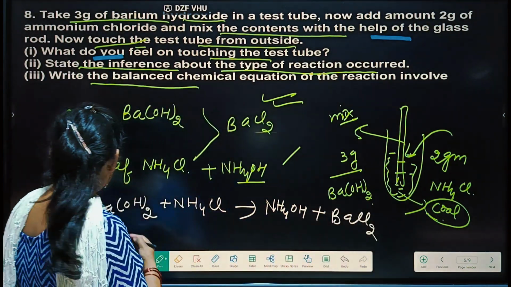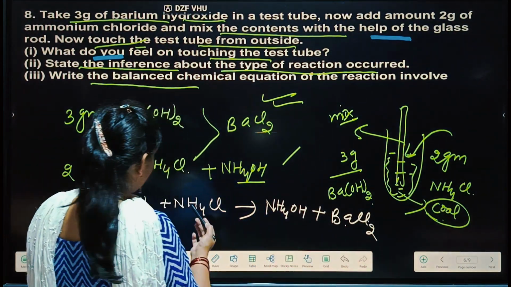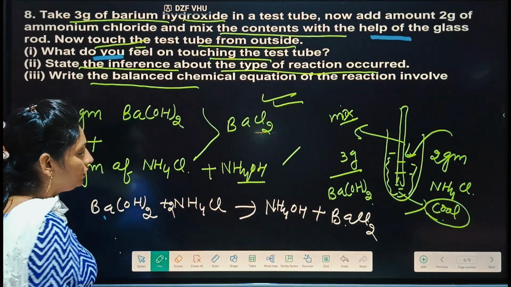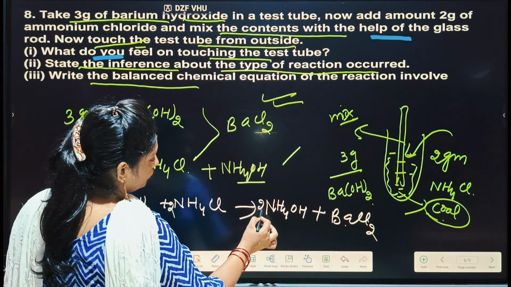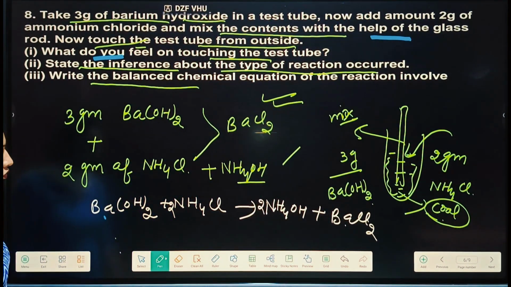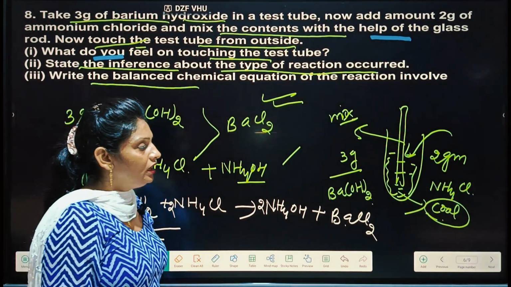Here barium is 1 and there barium is 1. But here chlorine is 2 and there only 1 chlorine, so we multiply by 2. Also, OH2 here and only 1 there, so we multiply this one by 2. Now it is the balanced chemical equation.